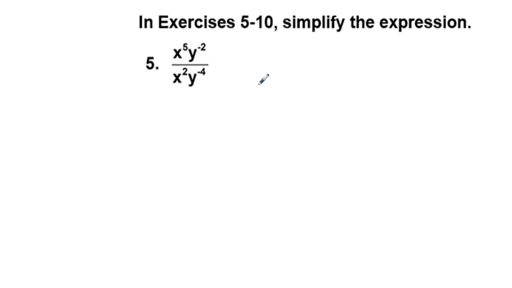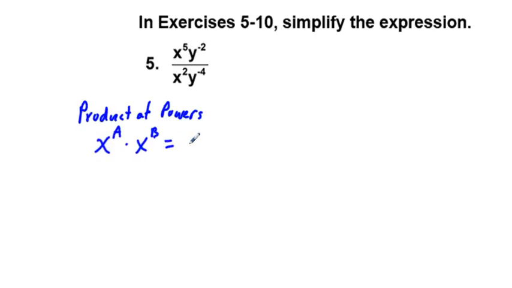So we're going to be kind of reviewing our rules of exponents. And there are 3 major rules of exponents. There's the product of powers, and that rule is that x to the a times x to the power b is going to be equal to x to the power of a plus b.